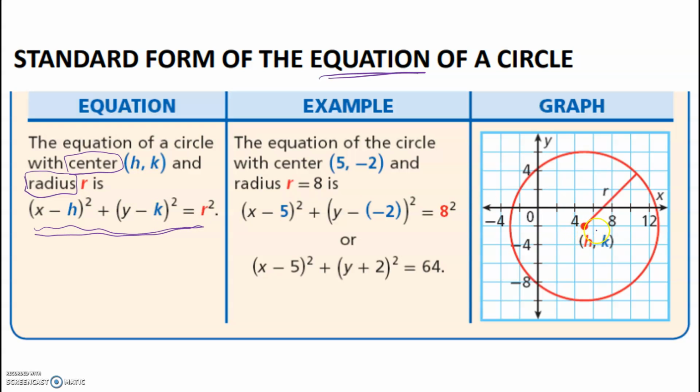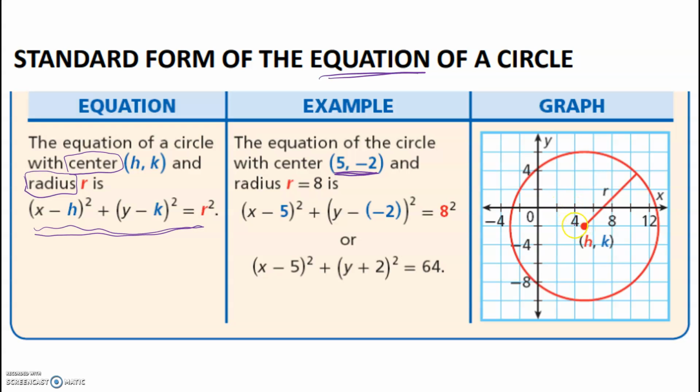So when you're looking at a problem, if we're looking at a graph here, we see that our center is at 5, -2. If you want to find your radius, you just count. From this center point, remember you're counting by 2. This is 2, this is 4.